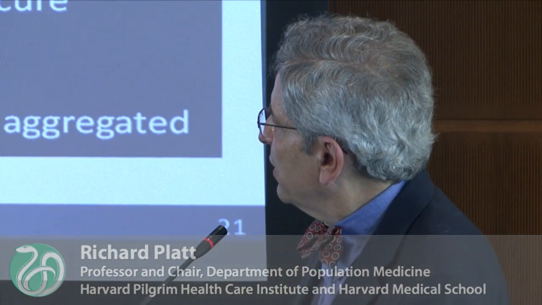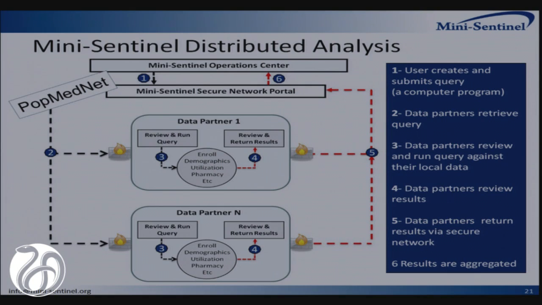Having created it, it's then accessible to a distributed data system. Here's the cartoon version showing one data partner, another data partner. There's 17 of them. There's a portal. The queries come out. There's a firewall. The data partner has a choice. The data partner can stop every query that comes in and examine the code before allowing it to execute.